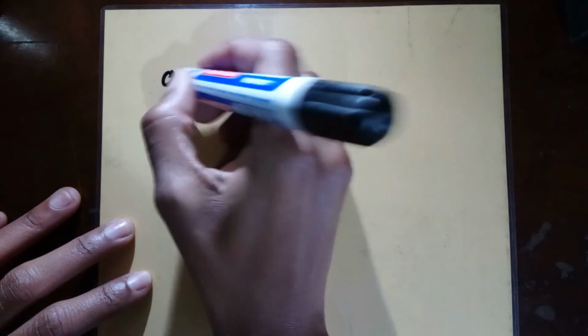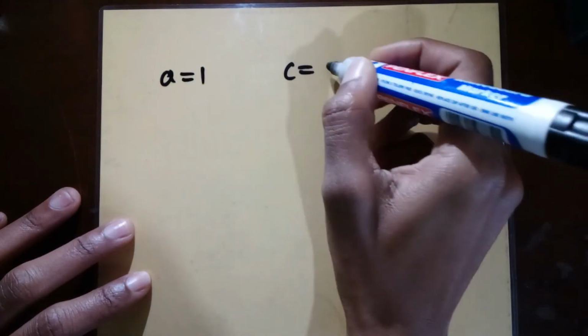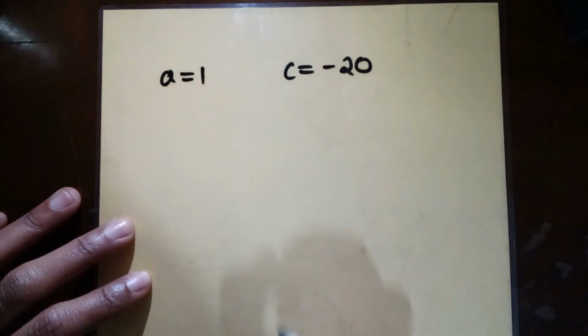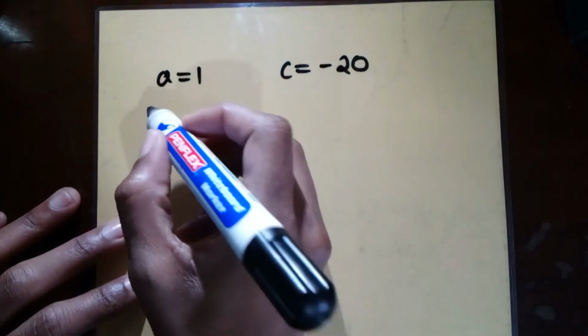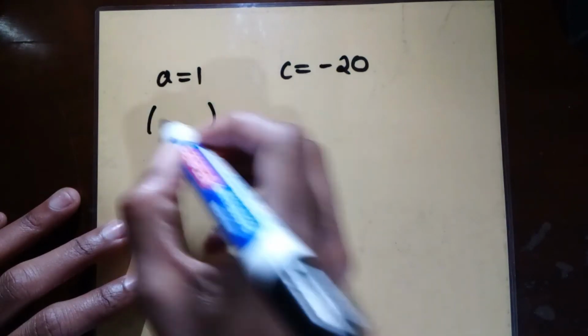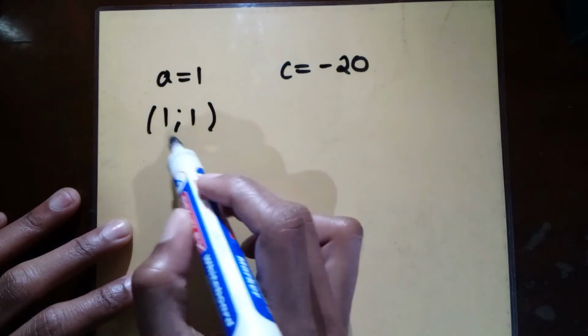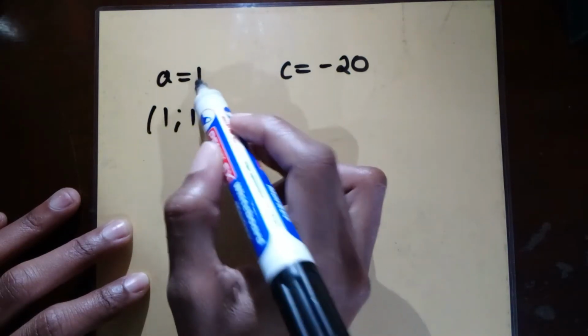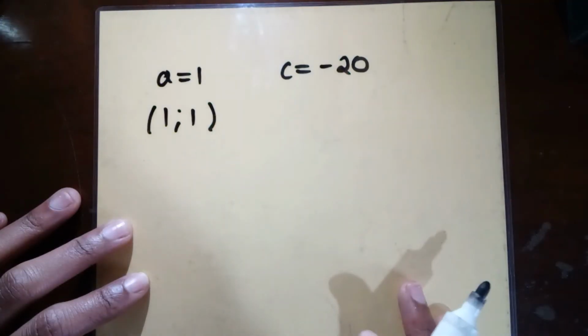So we know that a equals 1 and c equals negative 20. And I said we have to find a pair. For a, it's simple. We have to open a bracket, 1 and 1. So this is a pair of factors. 1 times 1 will give us positive 1. But then for c, there are many factors.